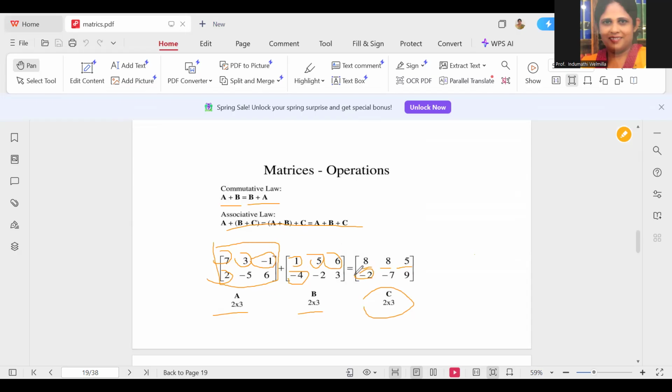Adding minus 5 and minus 2 gives minus 7 to put in here. And finally, we add this 6 and this 3, then we write plus 9. So this is the answer after adding A plus B. And I think it is very easy. You can understand that part very clearly.